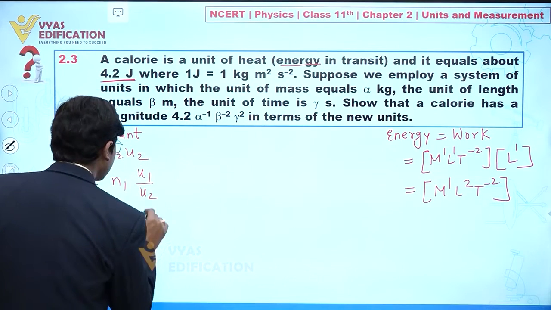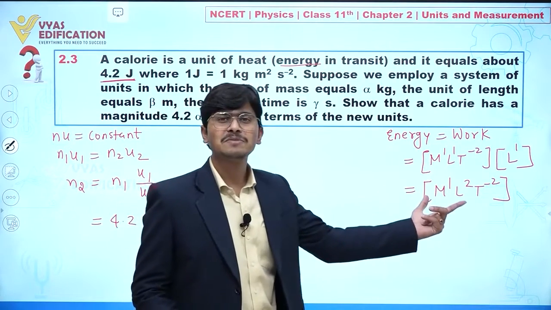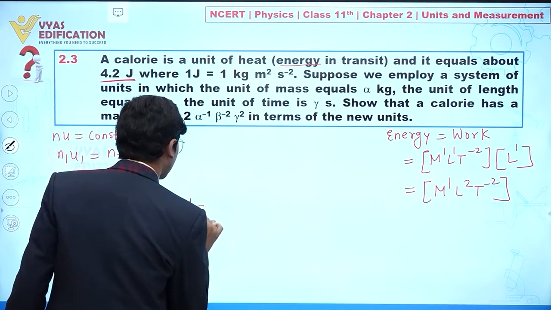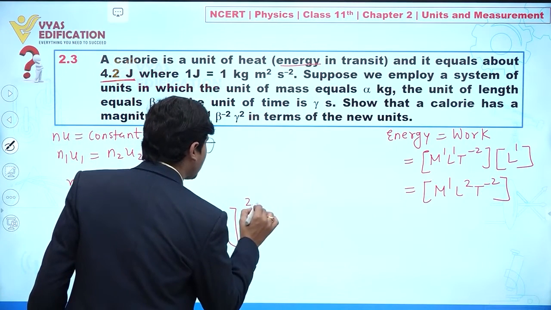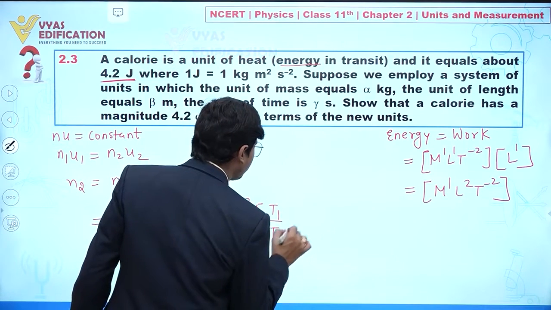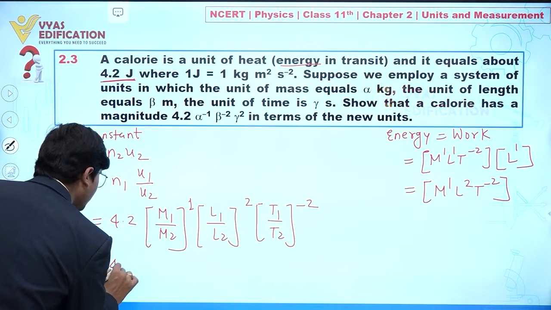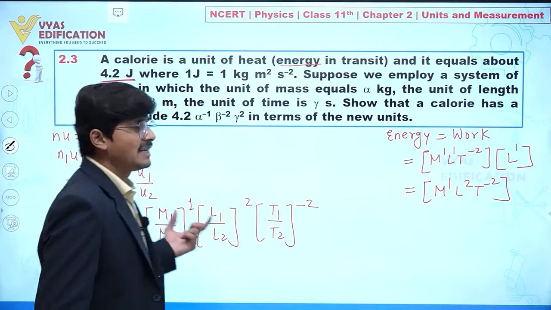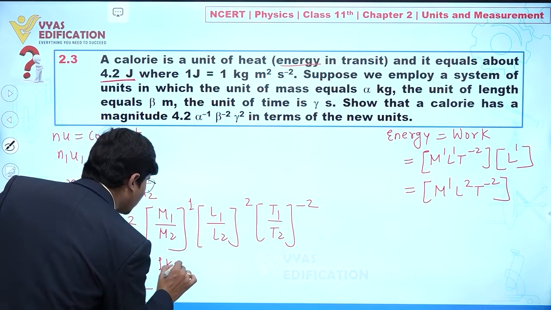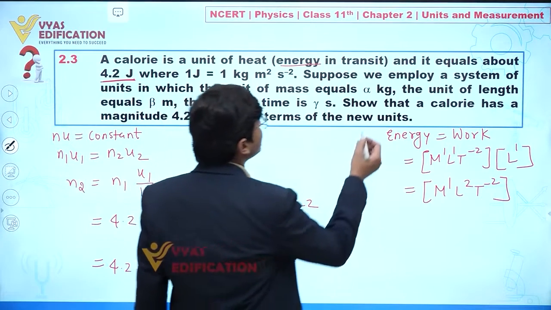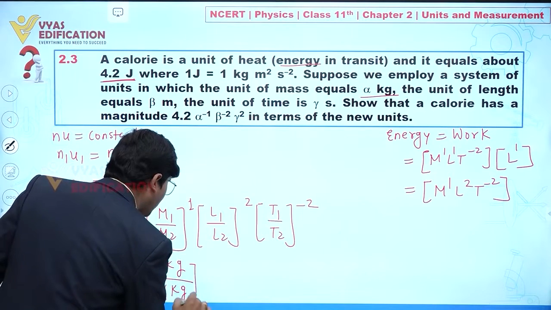Now you can write M1 by M2 to the power 1, since the dimension here is 1, then L1 by L2 to the power 2, and T1 by T2 to the power minus 2. So this is 4.2, and here we have 1 joule, equal to 1 kilogram, but M2 is given as alpha kilogram, so alpha kilogram power 1.